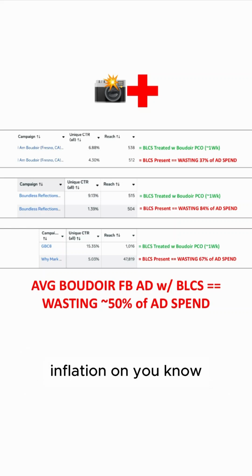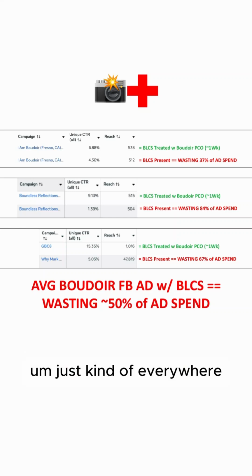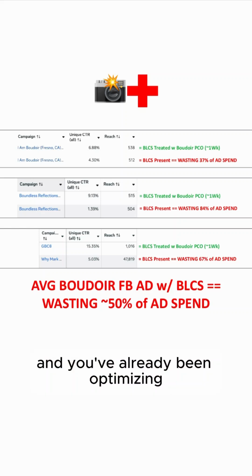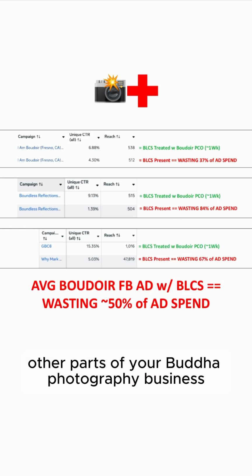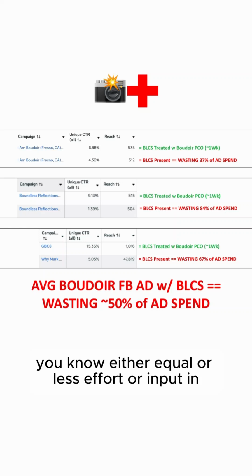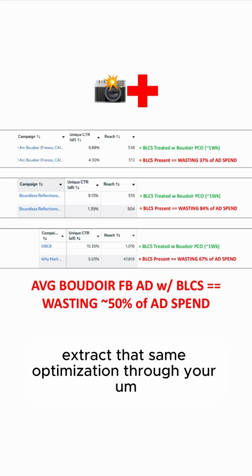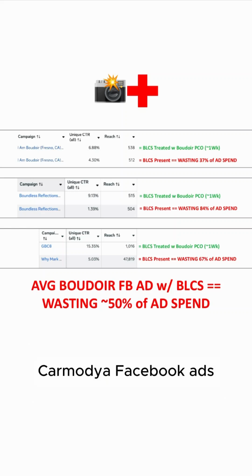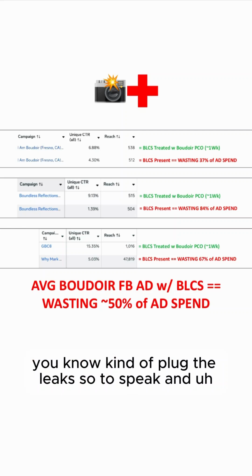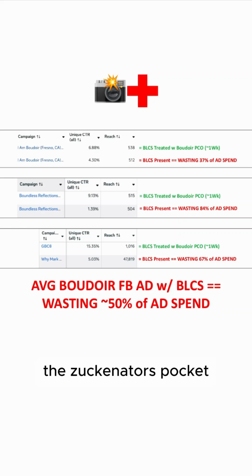And you also see inflation, real life cost of living going up, just kind of everywhere. And you've already been optimizing other parts of your boudoir photography business to get more profit out for equal or less effort or input in. And you've decided now you want to extract that same optimization through your current boudoir Facebook ads, and you want to plug the leaks, so to speak, and keep that more money in your pocket instead of the Zuckinator's pocket.